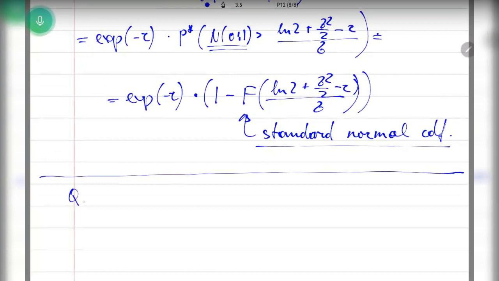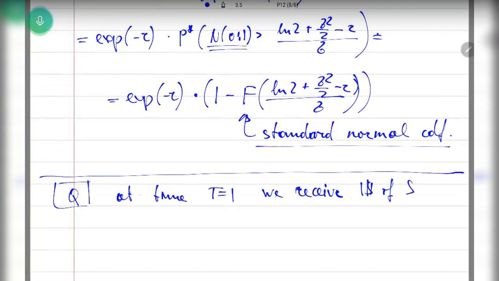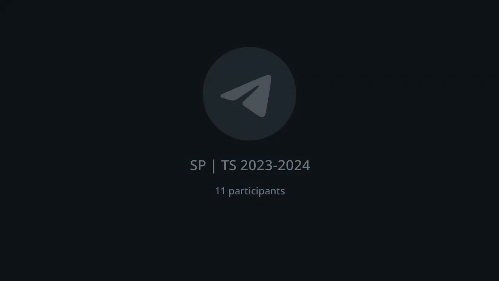So the question was: at time t equal to 1, we receive $1 if S1 is at least twice as big as S0. What is the price of this financial claim?